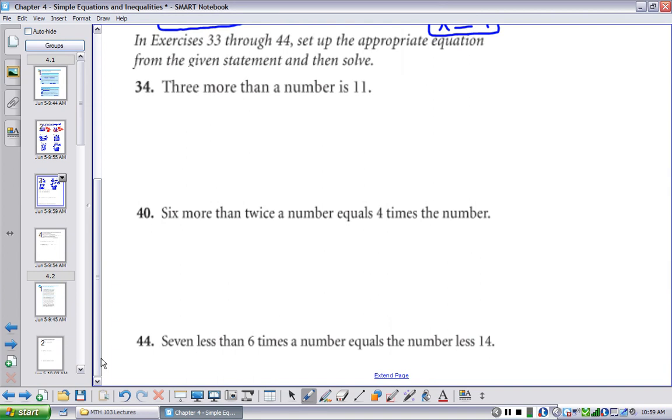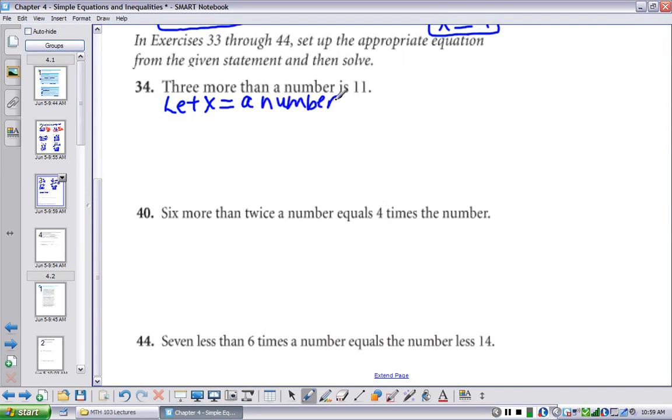So what we're going to do now is to set up the equations from the given statements. 3 more than a number. So first of all, we need to let x be a number.